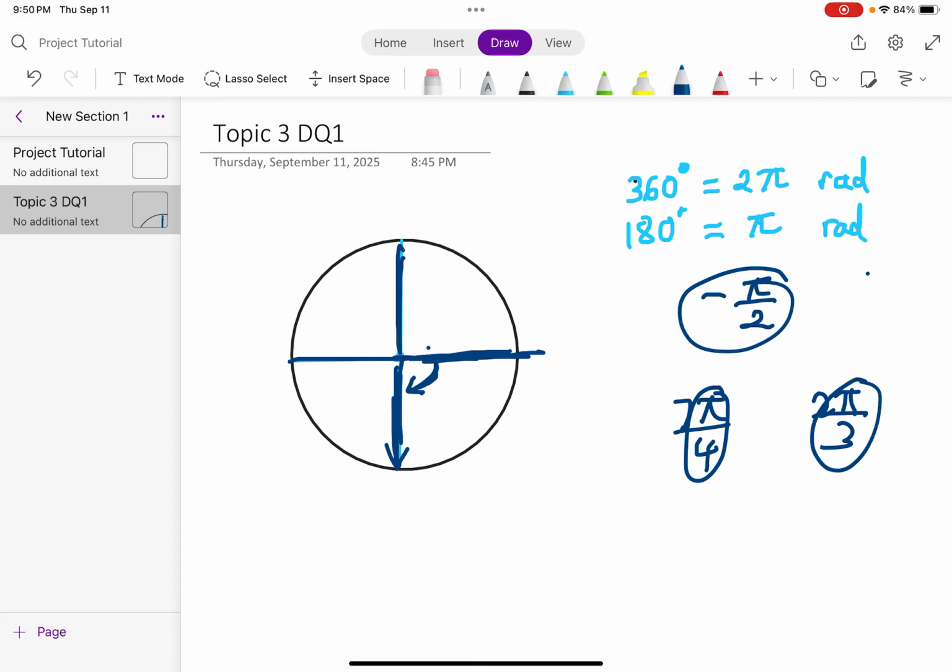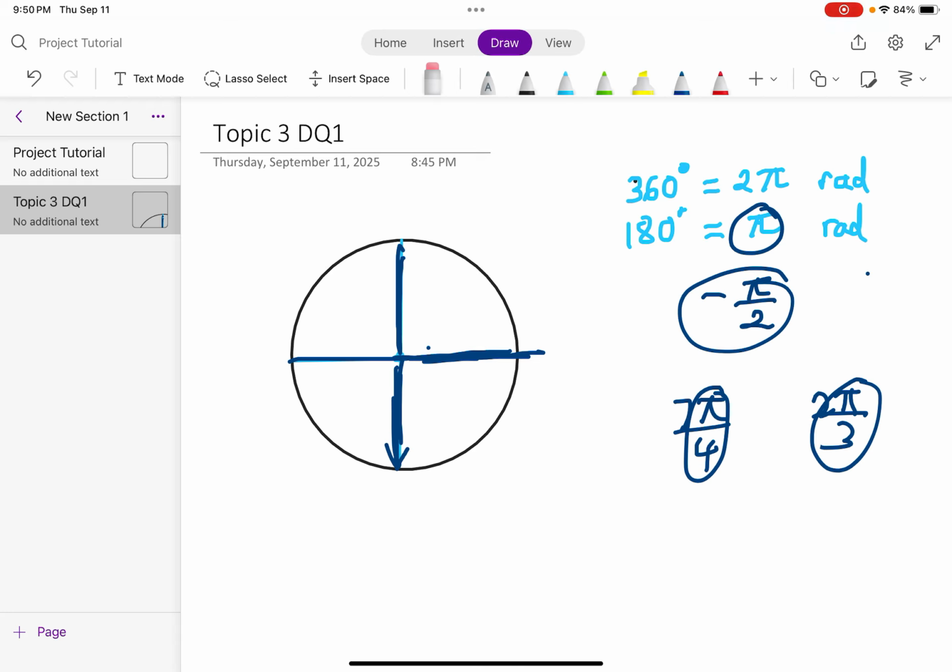So you always reference that pi is 180 degrees. So how do I do pi third, for example, 2 pi over 3 or pi fourth? And you just start with this circle, right?